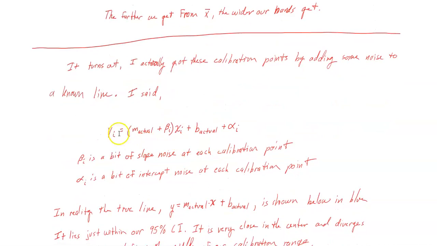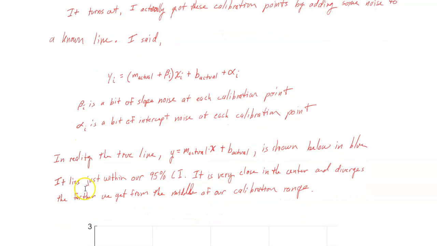So I said, if our calibration points, our yi's, are equal to the actual slope plus some little noise level at each calibration point in the slope times xi plus b, which is the actual y-intercept, plus some little noise for each point in that intercept. So I've added a little bit of noise for each point into the slope and a little bit of noise into each point for the intercept. And those are beta and alpha at each point, respectively.